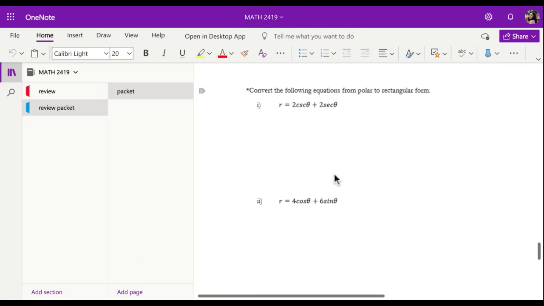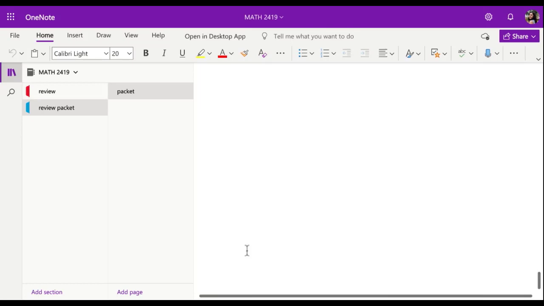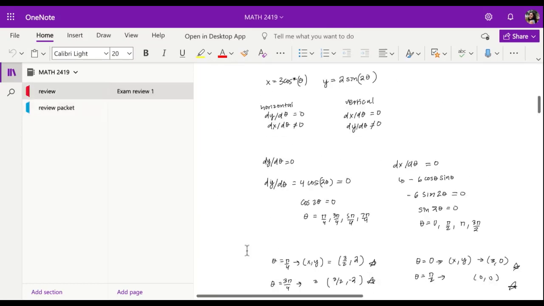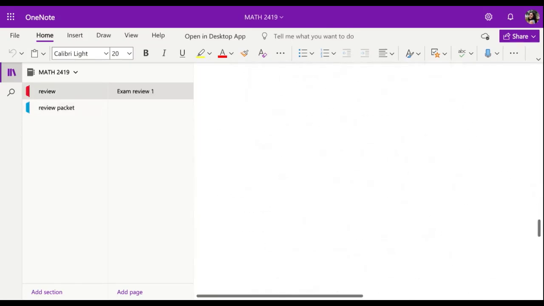Okay, so now we can move on to the next one. Let's go back over here. We're going to convert r equals 2 cosecant theta plus 2 secant theta. We can use our conversion equations from earlier.